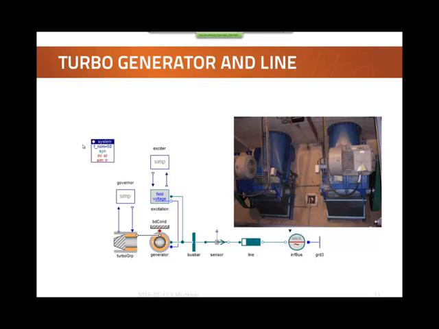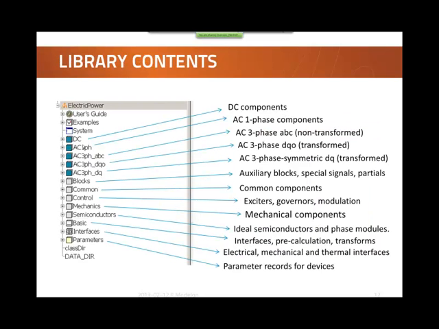Okay, this is another example, so I will continue to the next slide. This shows the library contents, the main packages of the Electric Power Library. It consists, as mentioned before, of packages of DC components, of AC one-phase components, of AC three-phase components in three different representations: the ABC, the DQ0, and the DQ.